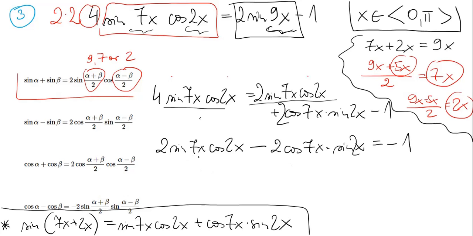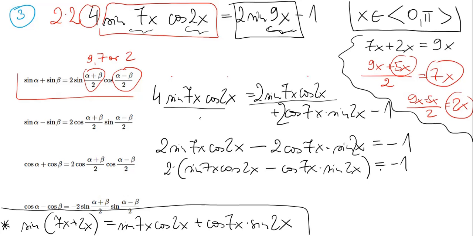So we have 2 sine 7x cosine 2x plus cosine 7x sine 2x, negative 1. Then we can subtract and take to the left side, and we have 2 sine 7x cosine 2x minus 2 cosine 7x sine 2x equals negative 1.